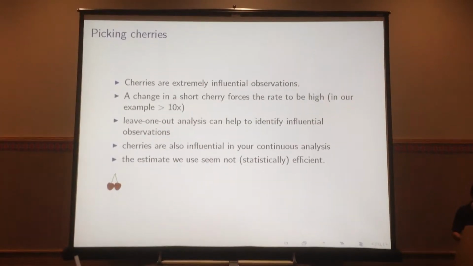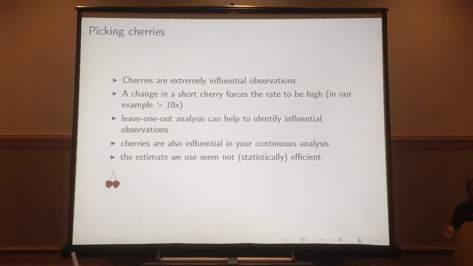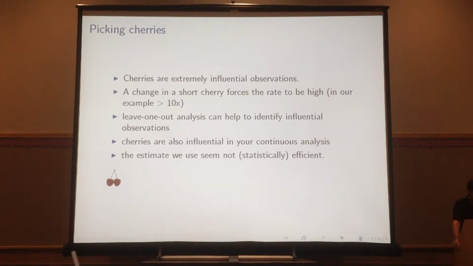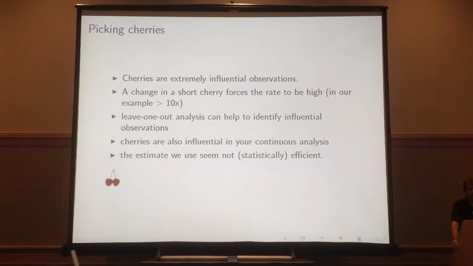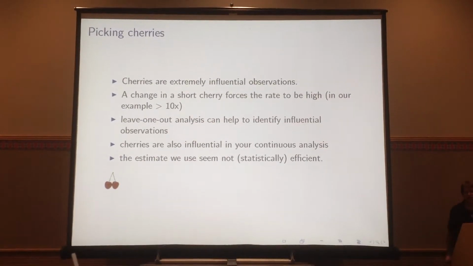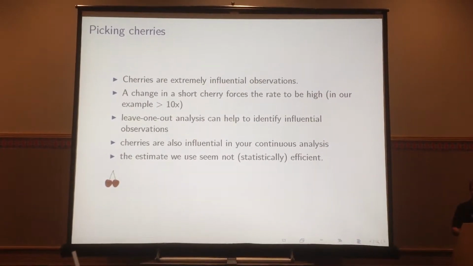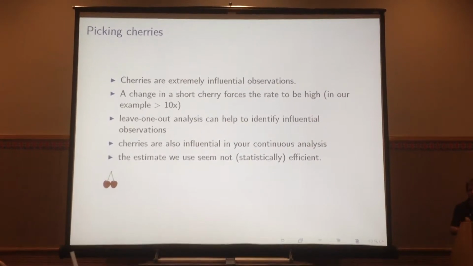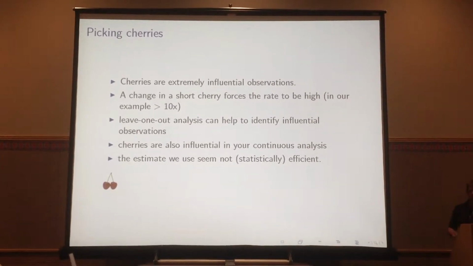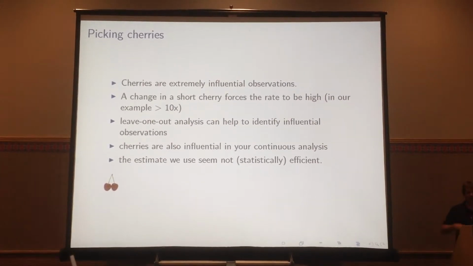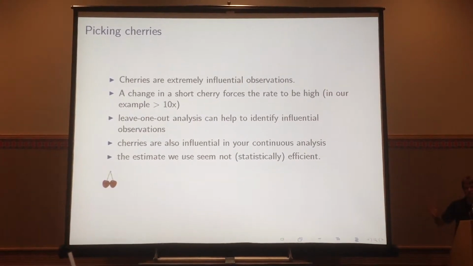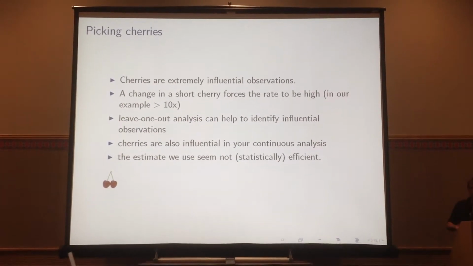It also seems that the estimates we get for these rates are maybe not statistically efficient, because we have this weird dependence on the very short edges. So getting just more data for trees is maybe not really helping too much.